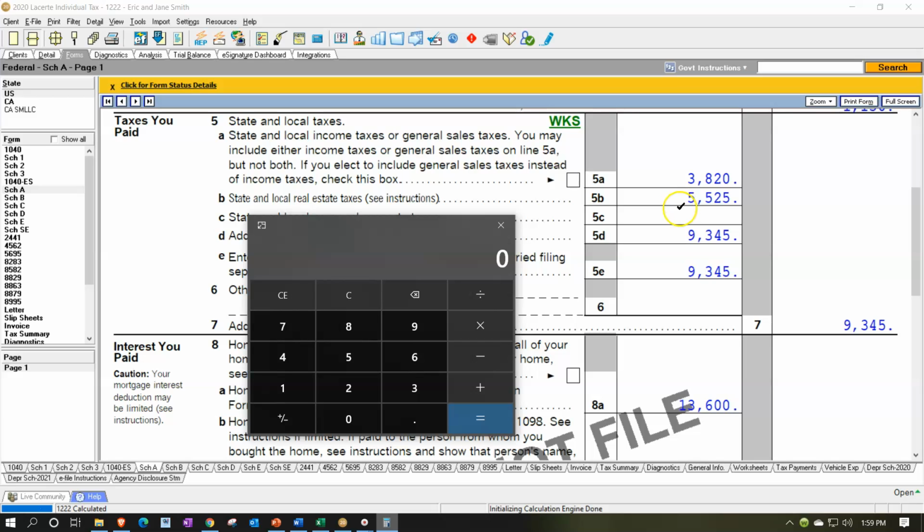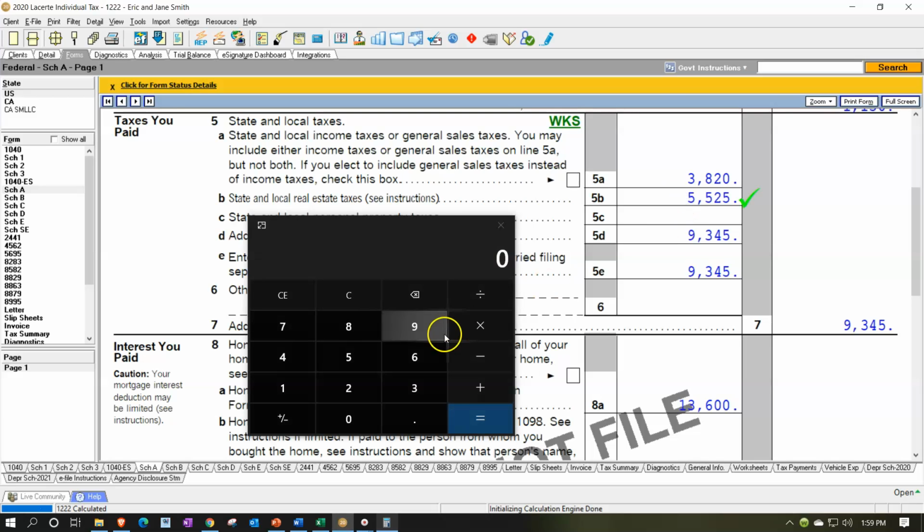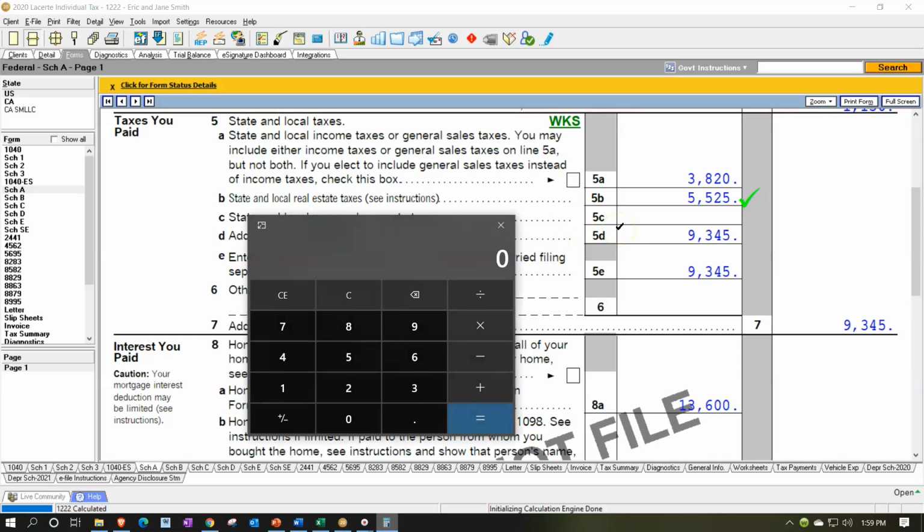So those are the 2 major items. But this 5525 was really, if we had the whole amount applied to the Schedule C, I think it was 6500. And then if I add that plus the 3820, it's $320 over the 10,000.